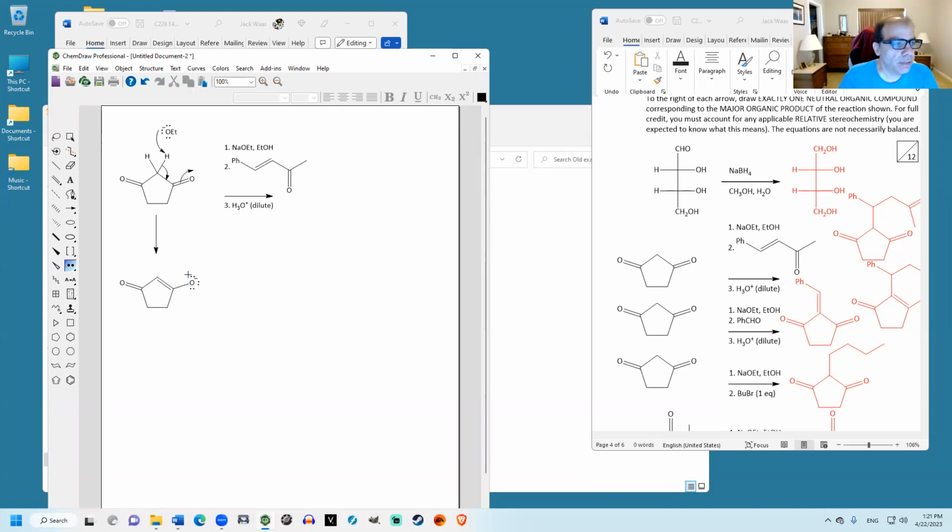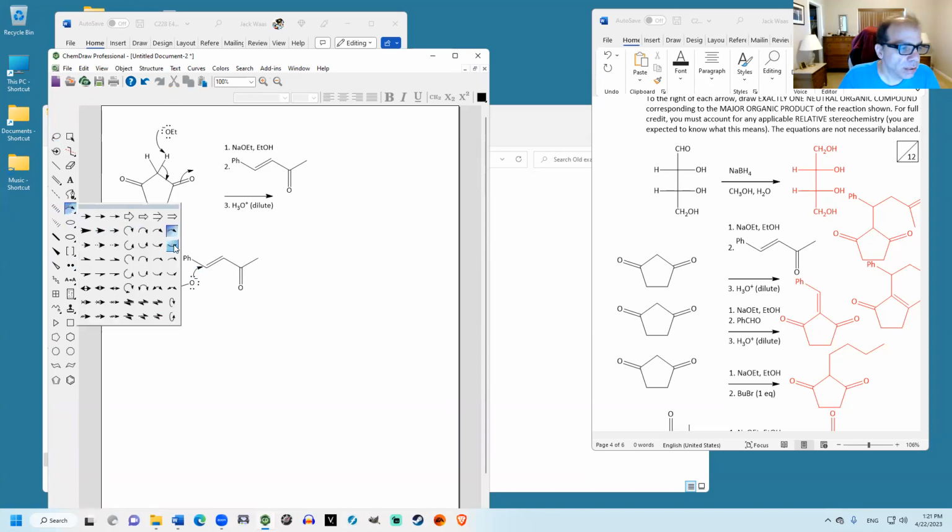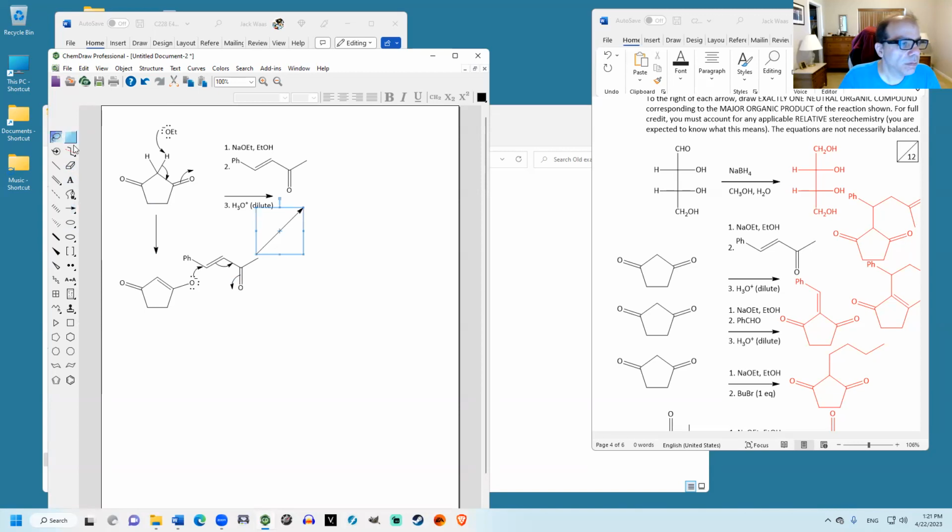So there's your enolate. The enolate then adds into the alpha beta unsaturated species, like so. So that's the new bond we just formed.